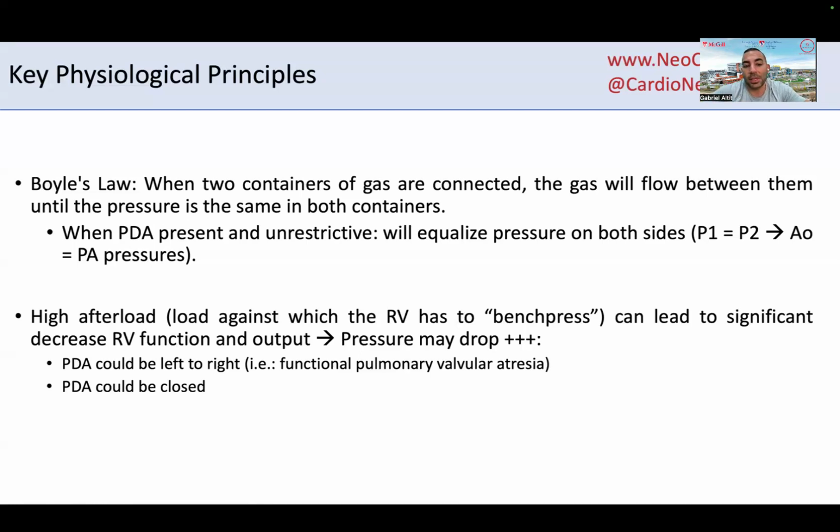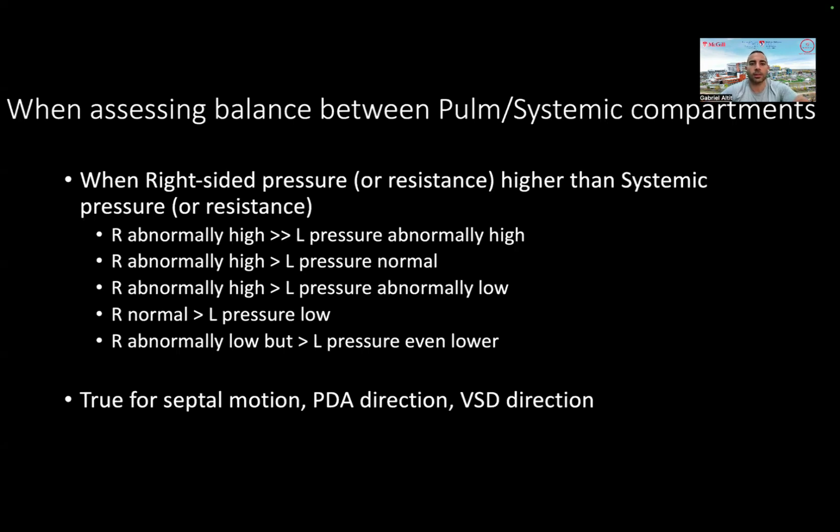In this context, your PDA could be left to right. And sometimes you have to keep in mind that the PDA could be closed. And in this context, clinically, you wouldn't see pre and post ductal differential of saturations. So sometimes what we see at the bedside may need more information in order to try to discern all of these concepts of pressure and pulmonary vascular resistance relative to systemic vascular resistance.